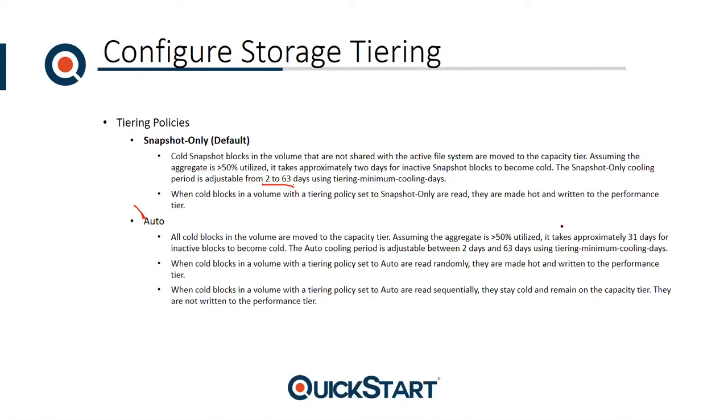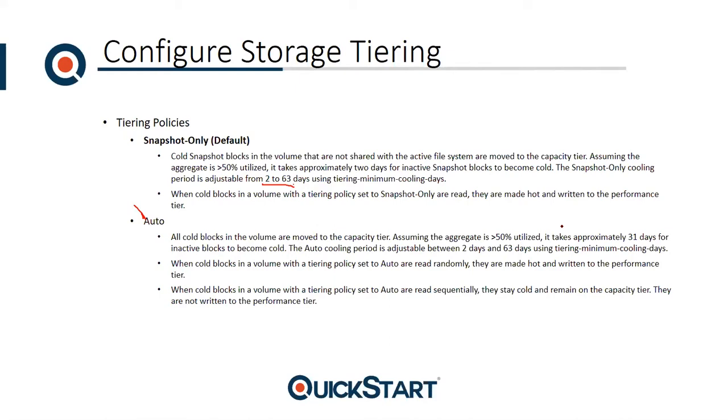Once they do read it again, this is something I'll mention again as we go through this, but when they want to access those particular files, it matters whether it is random access or sequential access, when we're categorizing the type of access. If it is a random type access, like I just need to read file X right now, then the system will mark that no longer as cold data, but as hot data, and it's going to be moved back to my performance tier.